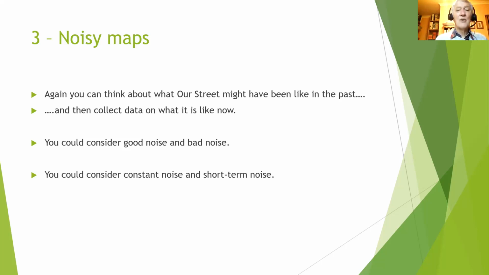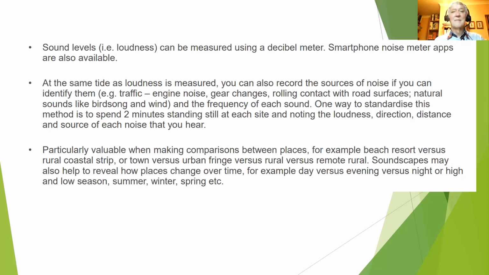And you can think about good noise and bad noise, attractive noise and ugly noise. You think about constant noise and short-term noise. Now, to measure your noise, you can use your own ears and your own impressions.